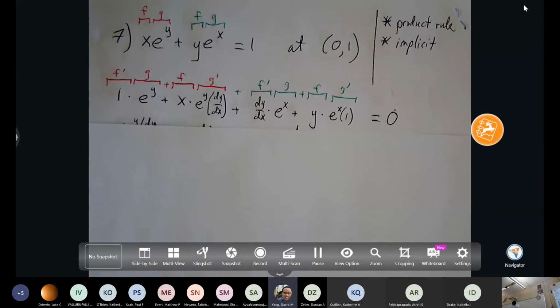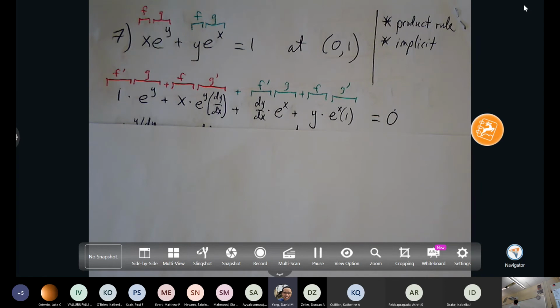So look at how many y's we have, right? We have 2 y's. In the second line, we should only have 2 dy/dx's. It's a quick way to double check that you're not adding or taking away dy/dx's that should be there. So we're going to solve for dy/dx. Once we solve for dy/dx, we can take our ordered pair and use that to find the slope.